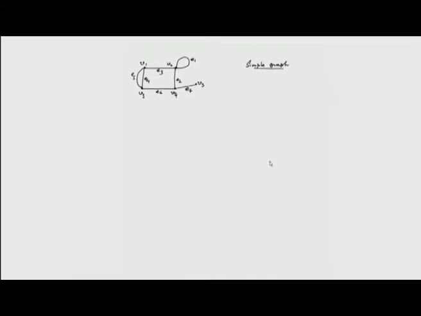A graph G(V, E) is said to be a simple graph if it has neither self loops nor parallel edges.